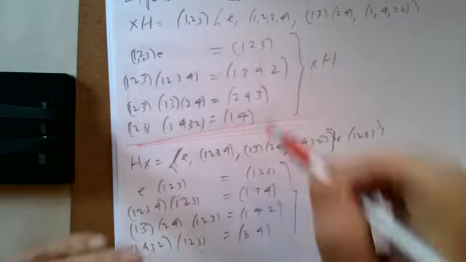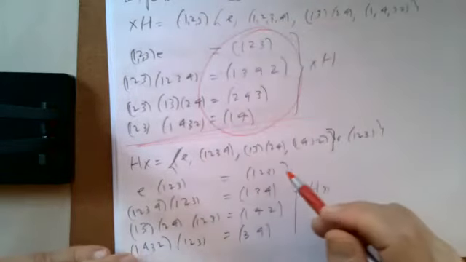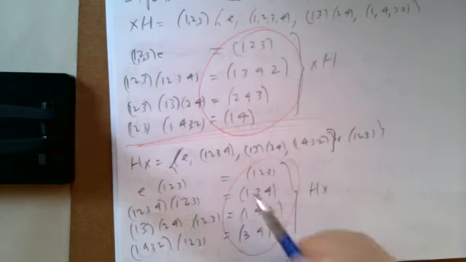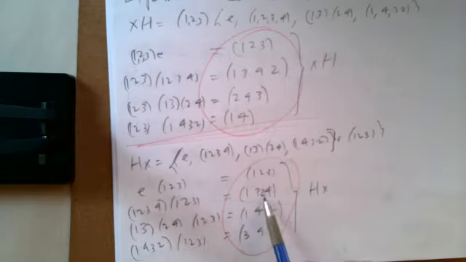And if you look, this set of 4 things is different from this set of 4 things. Let me just double check this. 1 goes to 2 goes to 3, 3 goes to 1 goes to 2, 2 goes to 3 goes to 4, and 4 goes to 1. Yeah, this is a 4-cycle.